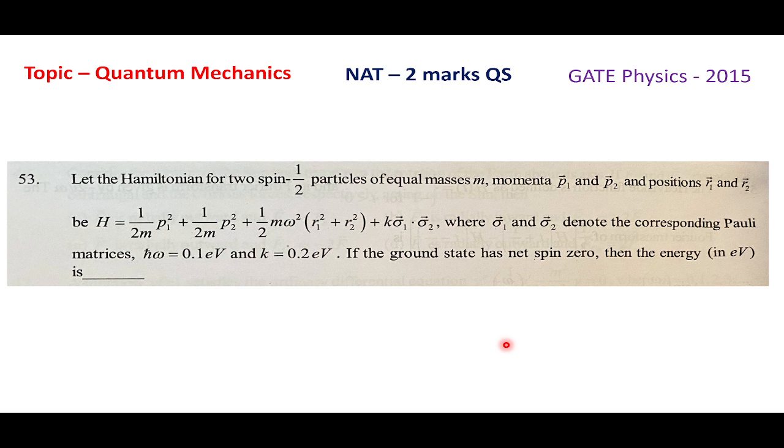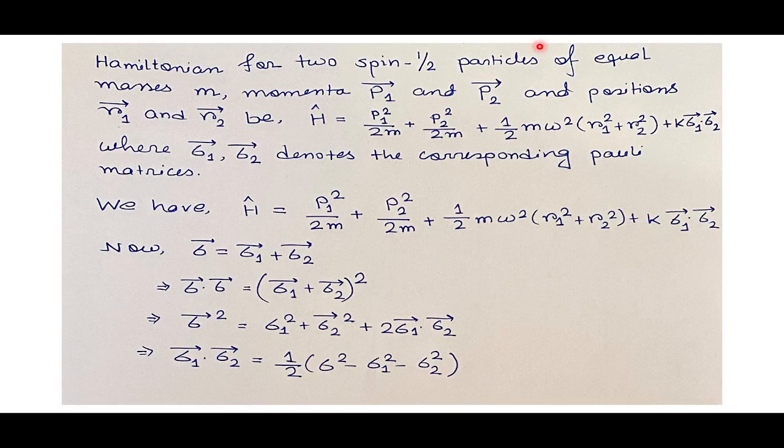It is already given that the Hamiltonian is P1 square by 2m plus P2 square by 2m plus half m omega square times R1 square plus R2 square plus k times sigma 1 dot sigma 2. Here sigma 1 and sigma 2 denote the corresponding Pauli matrices related to the spin half particles. The only concerned thing is the spin part, because apart from that you know what you have to do.